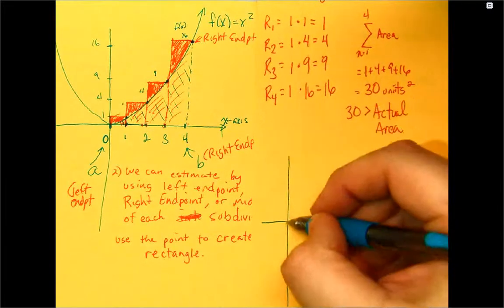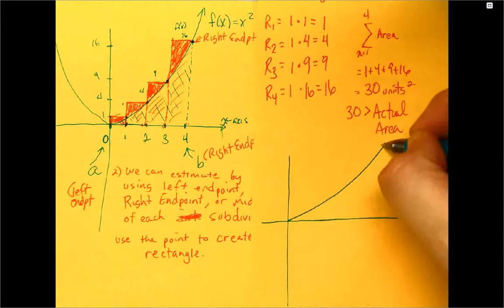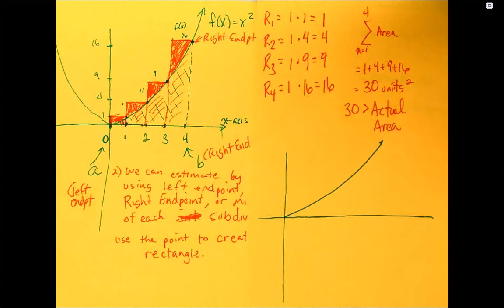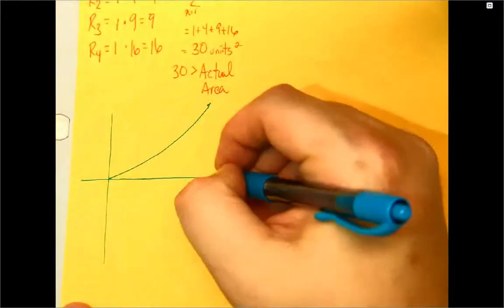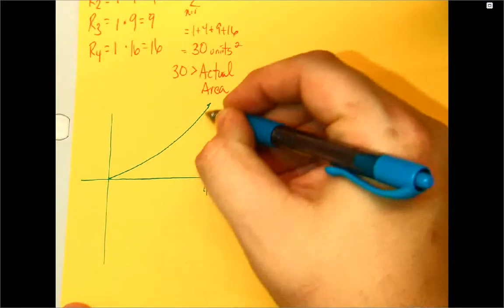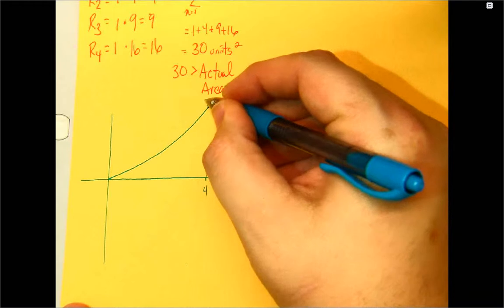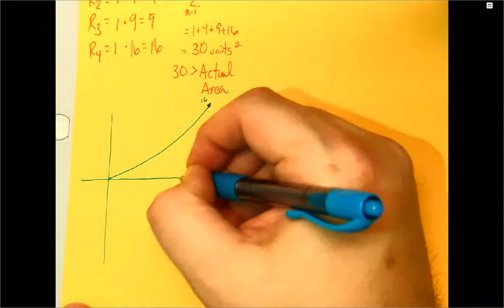Is it okay if I just draw that part of it? Can I cover up this part? We can always go back and look at it again. So that's 4, and I know that's 16. 1, 2, 3.